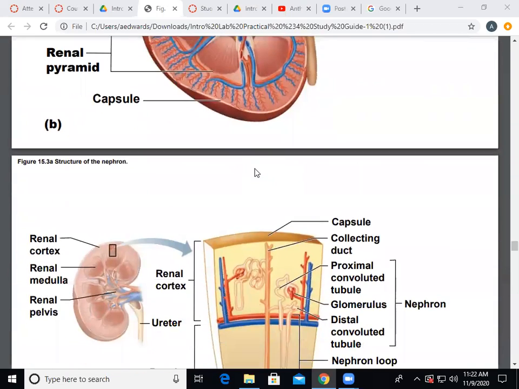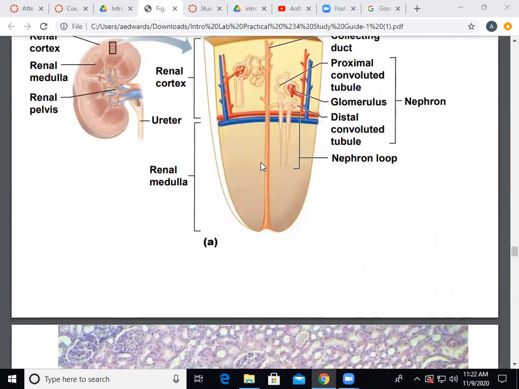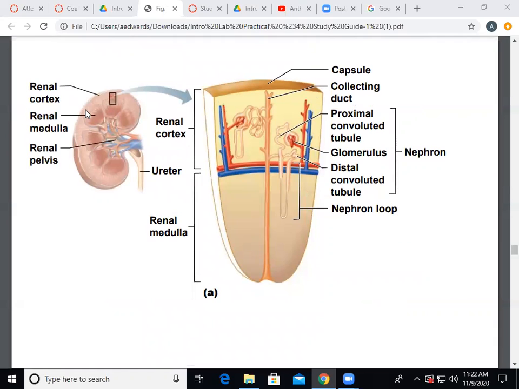All right, so continuing on with the kidney, you can see that cortex again. Okay, its inner layer, kind of where the pyramids are, we call that the renal medulla. Okay, so the cortex is the outer layer, medulla is the inner layer.